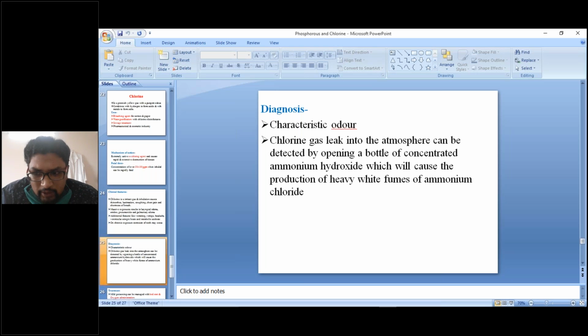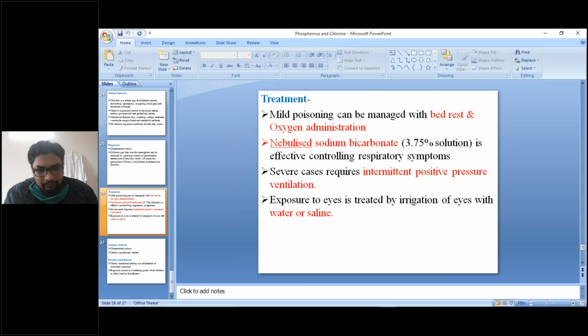So we open a bottle containing ammonium hydroxide, and if heavy white fumes come from the bottle, it indicates that the ammonium hydroxide has reacted with the chlorine in the air, forming ammonium chloride, which has white fume-like structure. So there are two methods: by odor, and by the ammonium hydroxide bottle, we can diagnose chlorine poisoning.